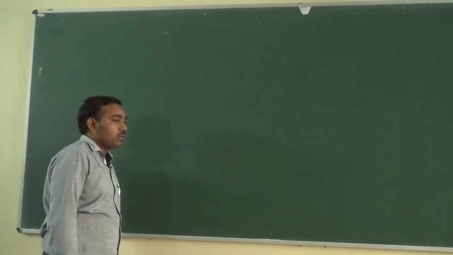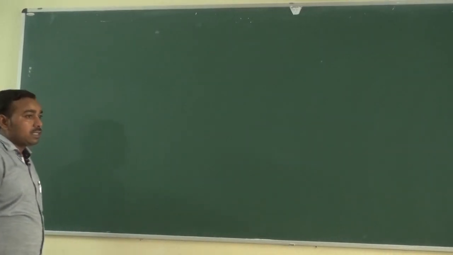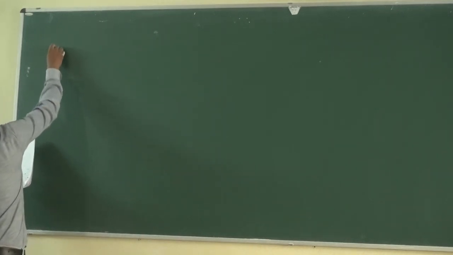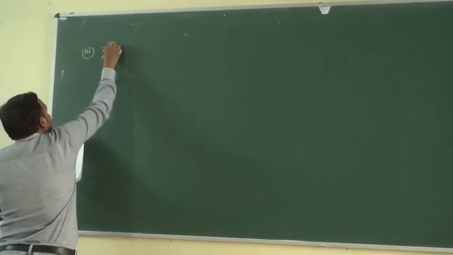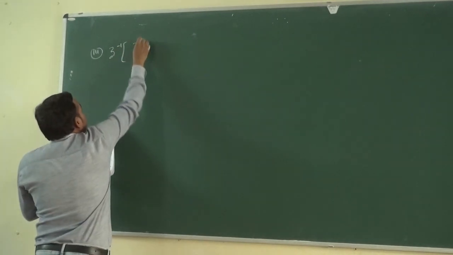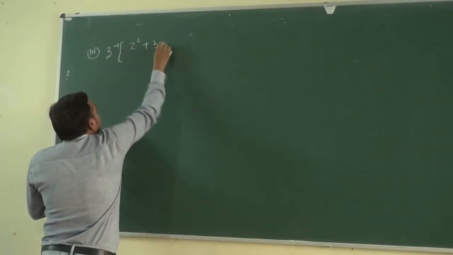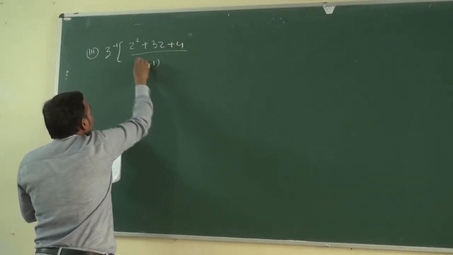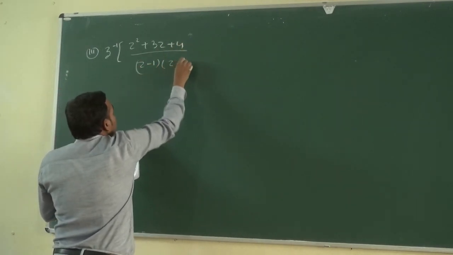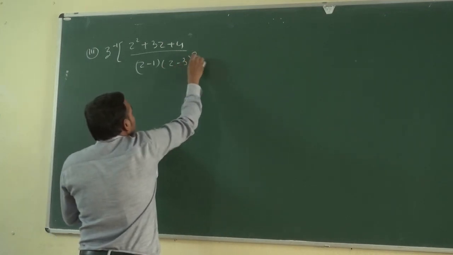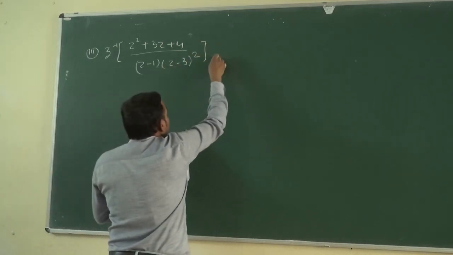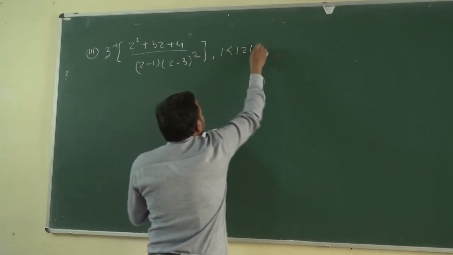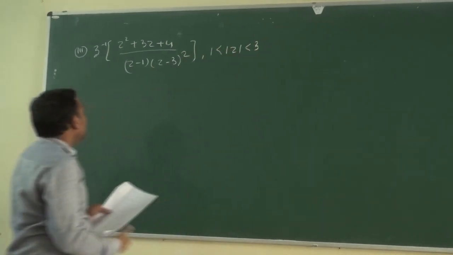Now we want to find the inverse z transform of z square plus 3z plus 4 upon z minus 1 times z minus 3 whole square, and the region is given as 1 less than mod z less than 3.